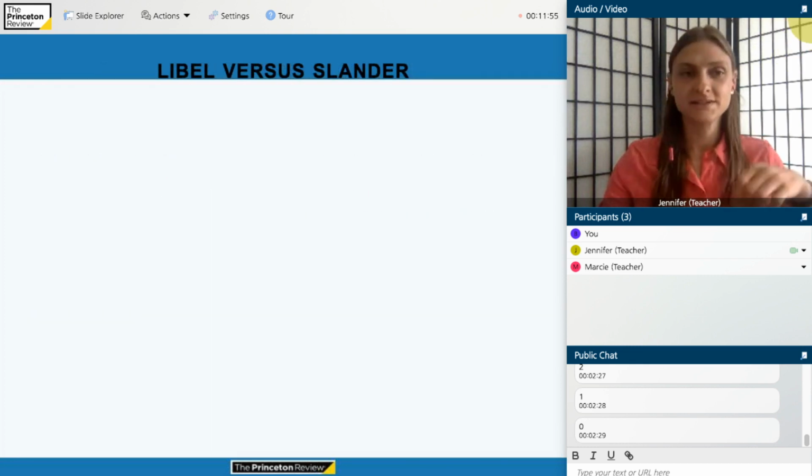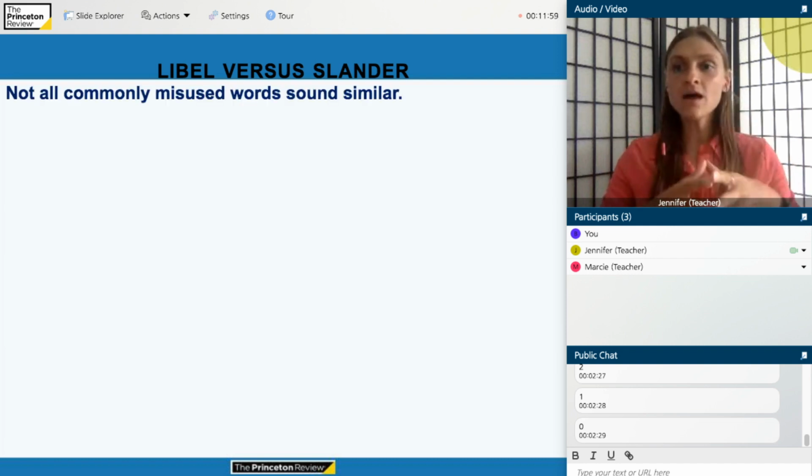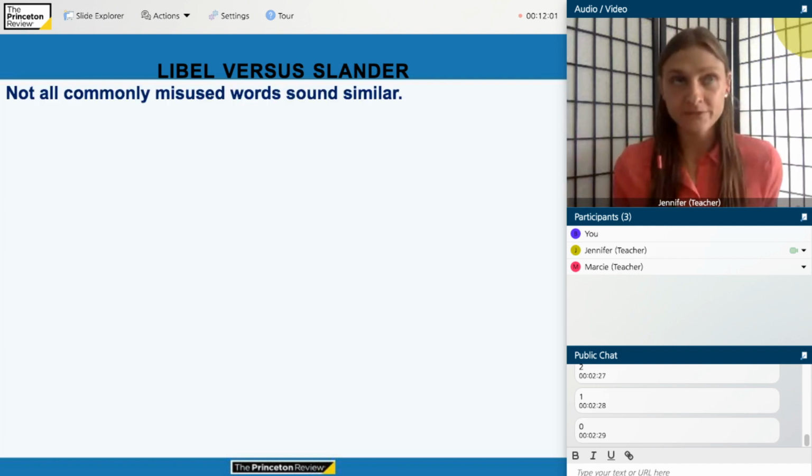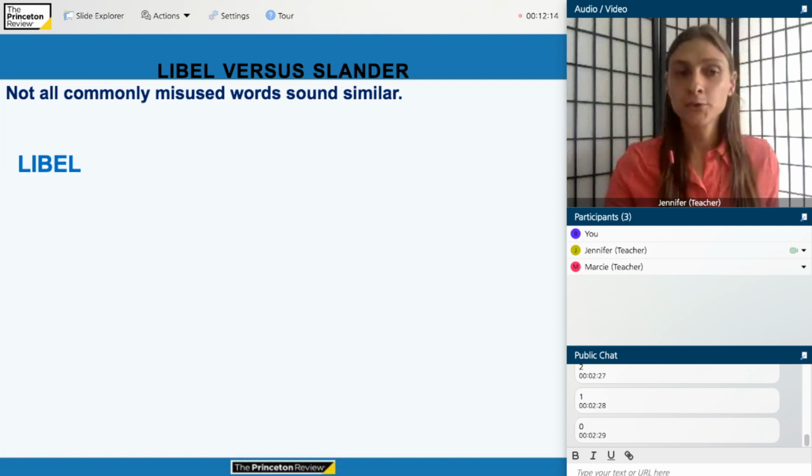All right. Next set of words here, libel and slander. So not all the words that tend to get mixed up sound similar. Libel and slander are pretty different, but for whatever reason, people tend to mix them up because their meanings are somewhat similar. So libel, what is libel?